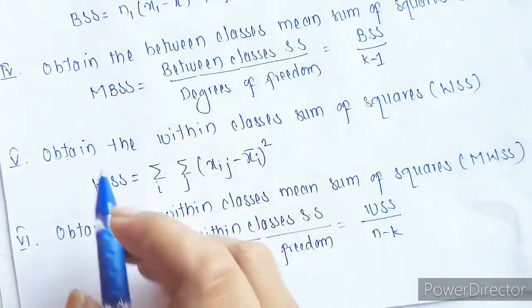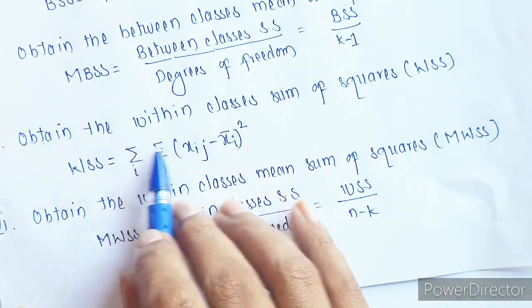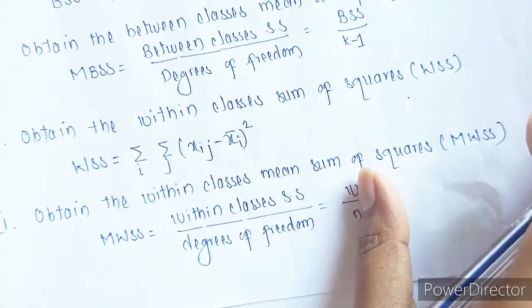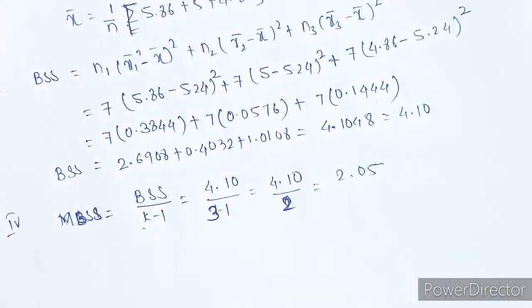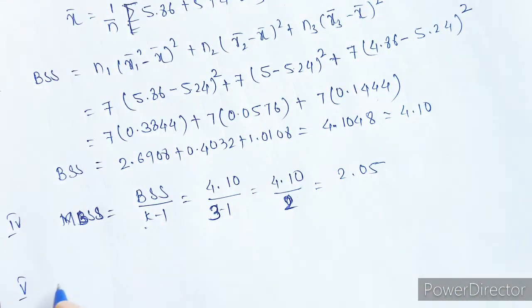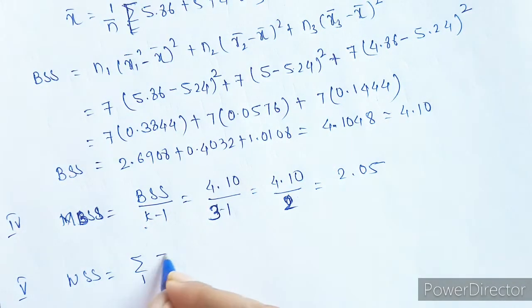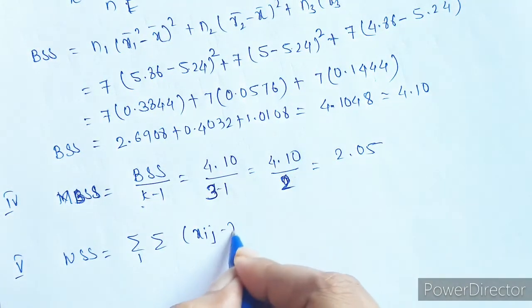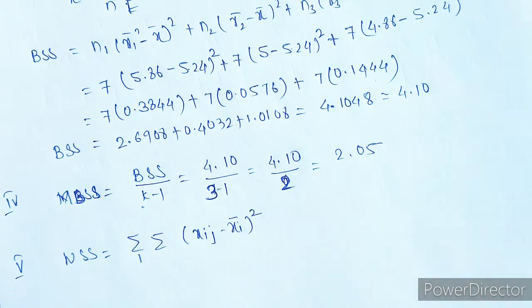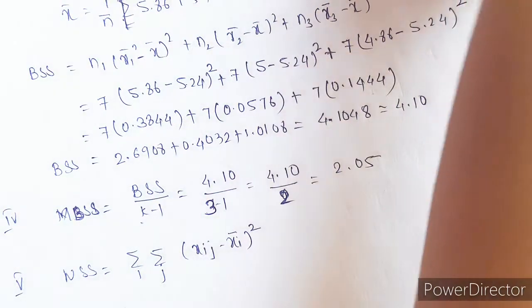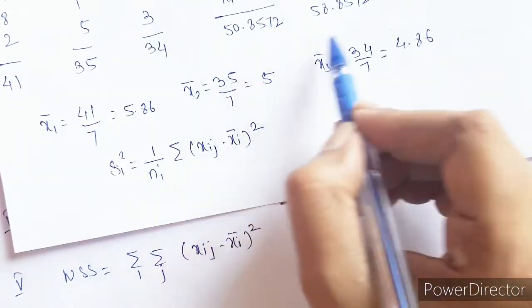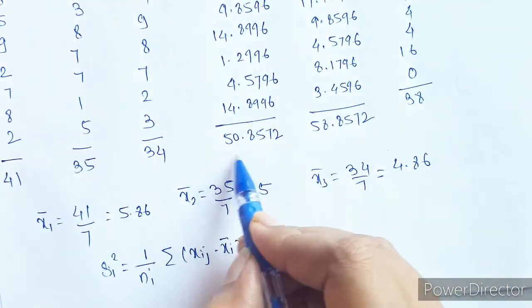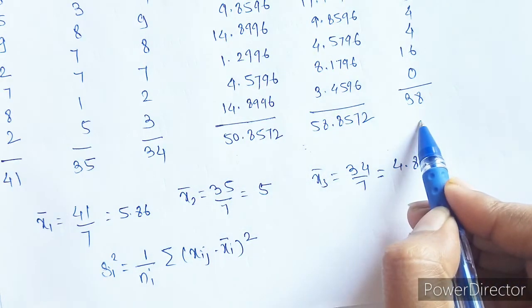Now fifth step, we need to obtain the sum of squares within the classes. So the fifth step, the sum of squares within the classes is given as the summation of (xij minus xi) squares. Now it is nothing but the sum of all these terms, right?